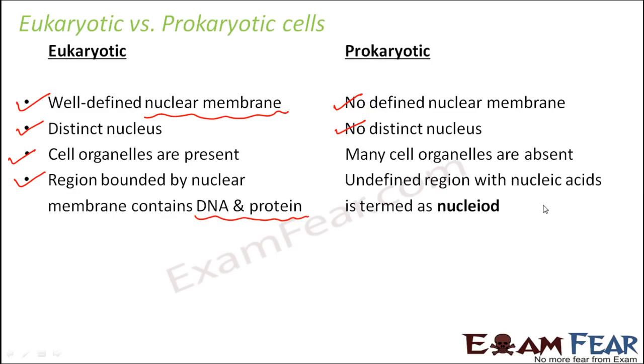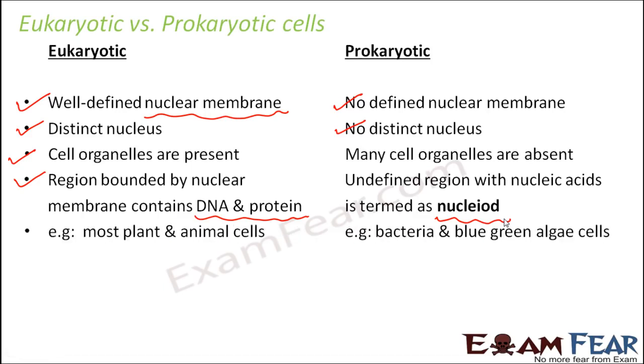Here the undefined region with nucleic acids is known as nucleoid. So nucleoid is not a structure exactly, it is just the place inside the cytoplasm wherever we see more of nucleic acids, that is known as nucleoid. Examples of eukaryotic cells would be all plant and animal cells. Prokaryotic would be bacteria and blue-green algae cells.